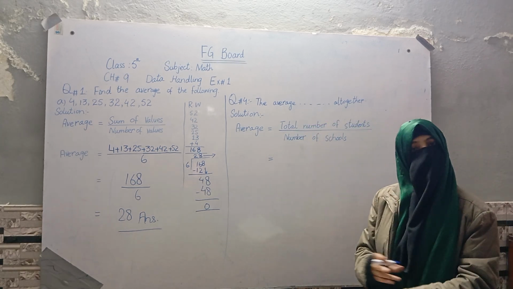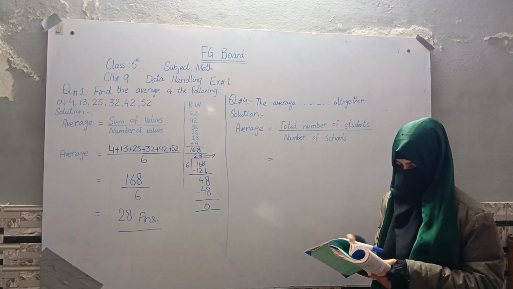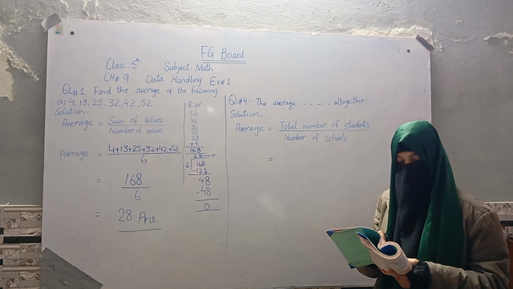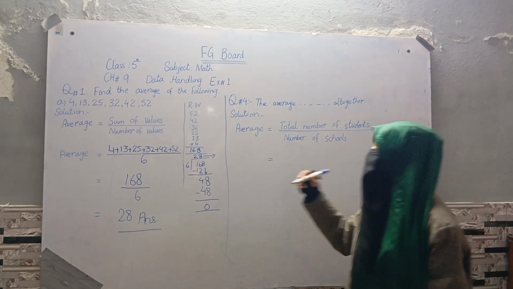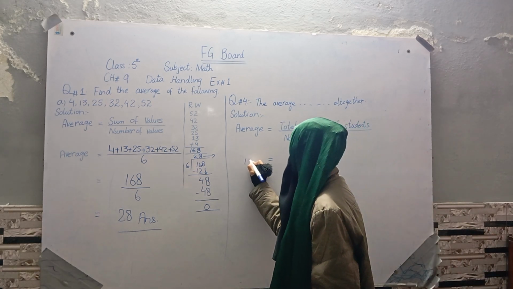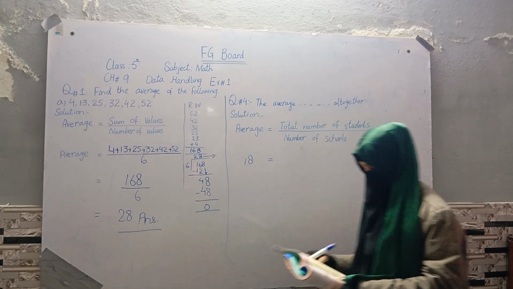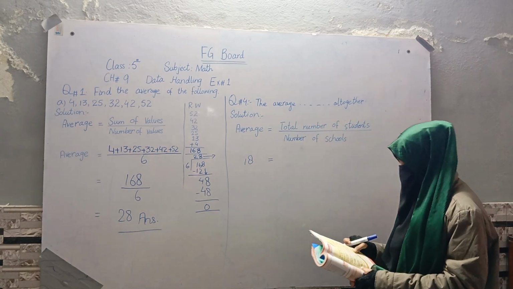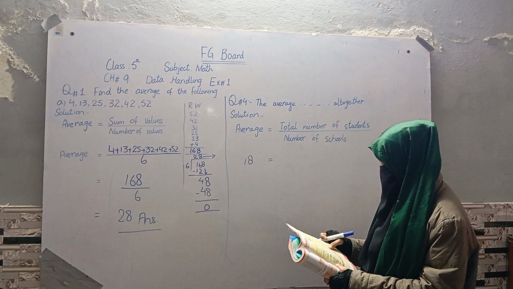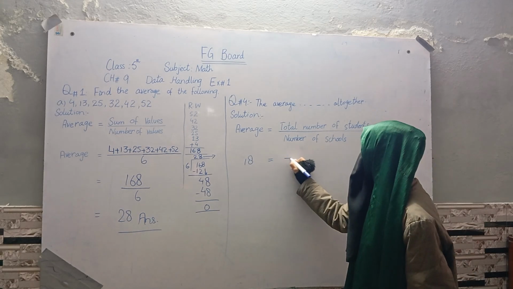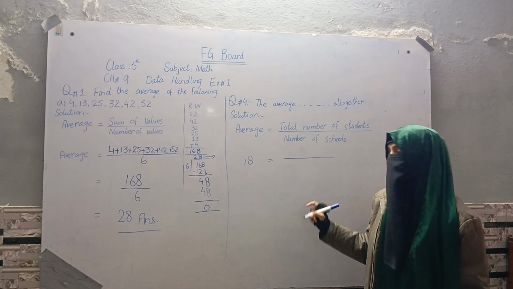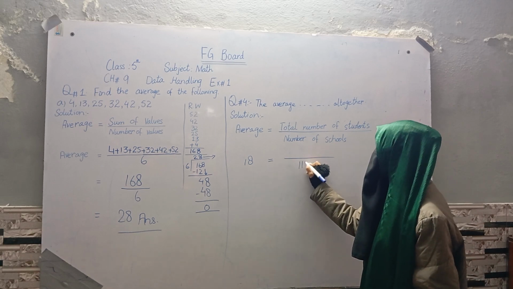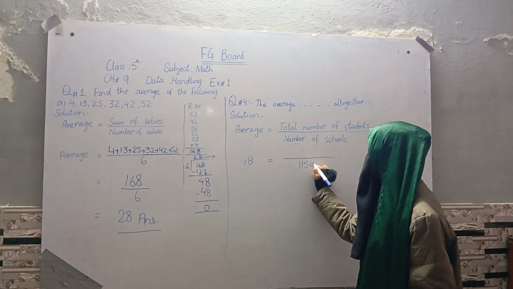So again we read in the question, the average number of students in 18 schools, meaning the average is 18, and the number of schools in the city is 1150.